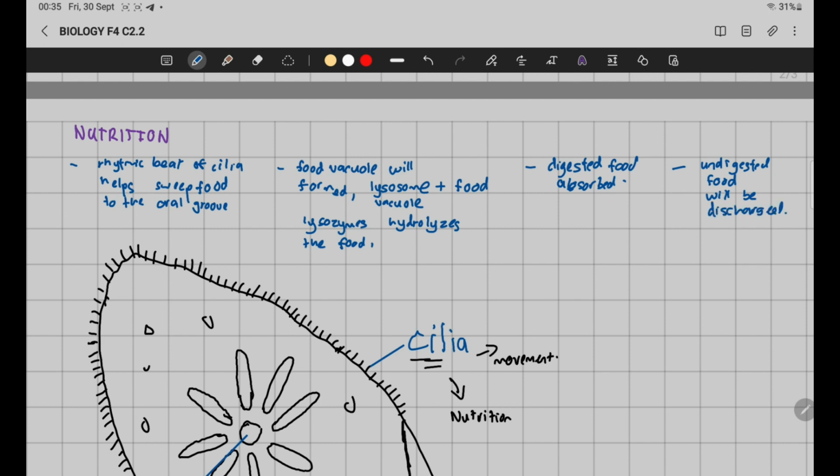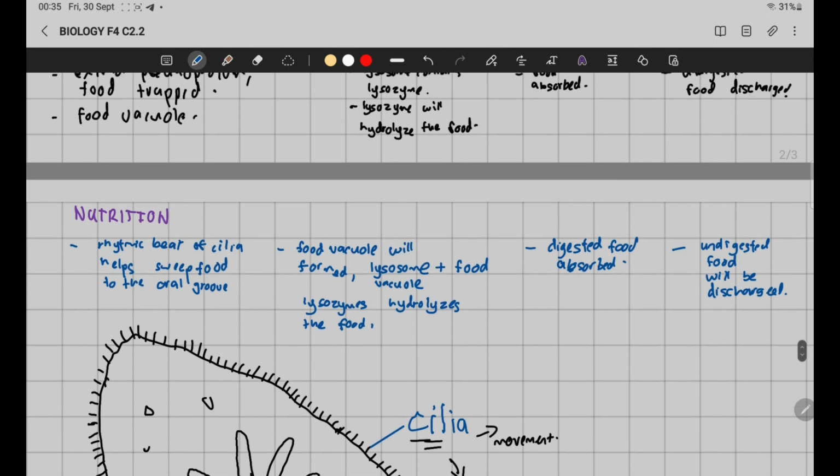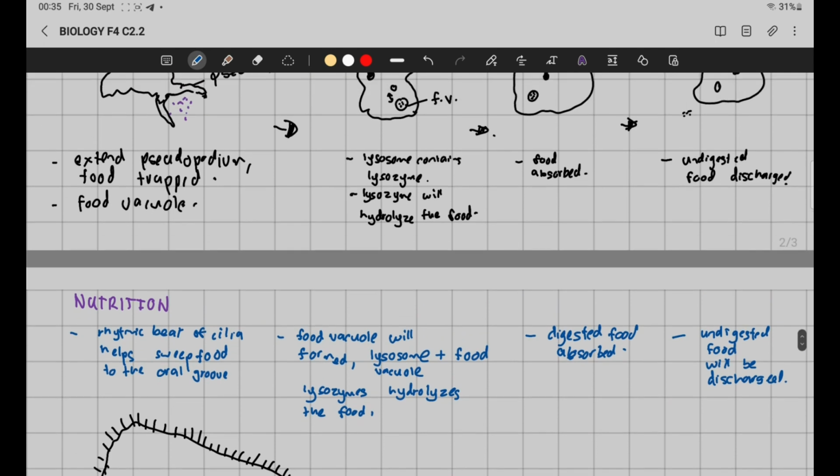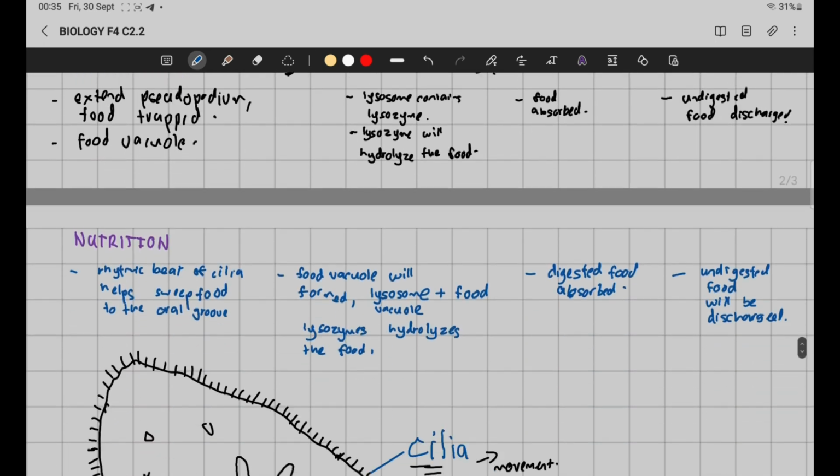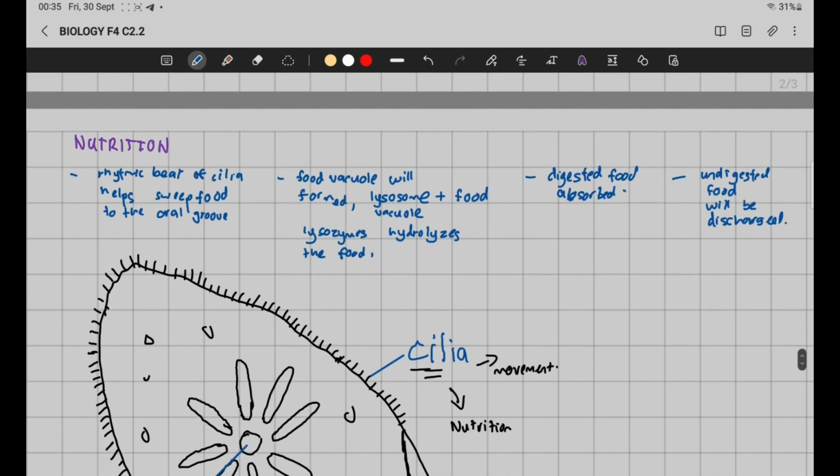So it is not a really hard topic, as it possesses a very similar process to nutrition in the amoeba. But the difference between both of them is that the nutrition in paramecium is not by phagocytosis.